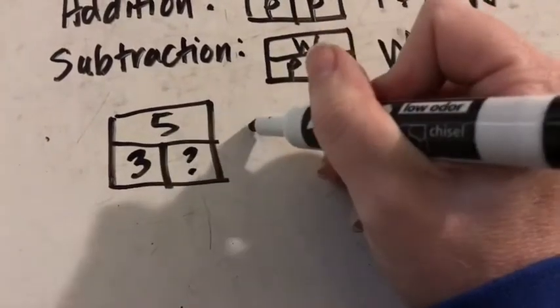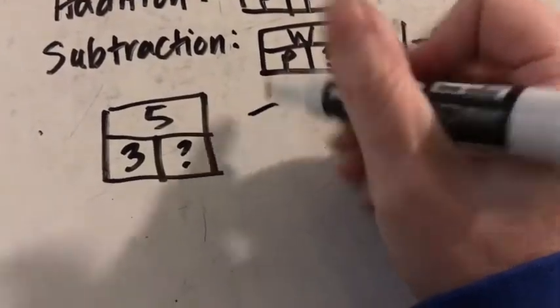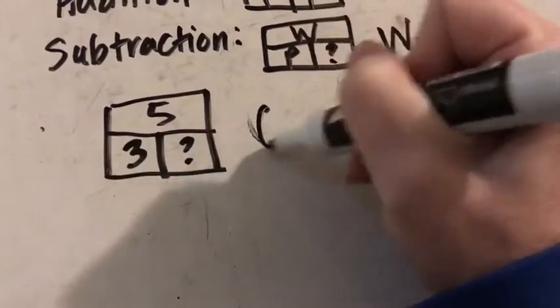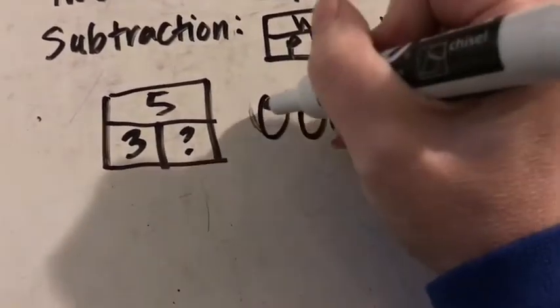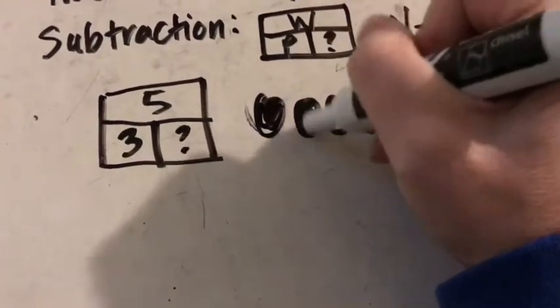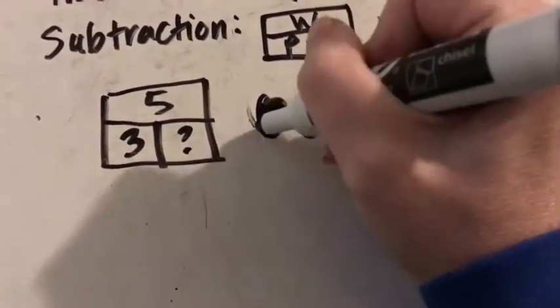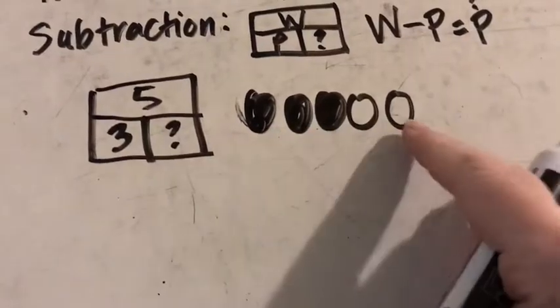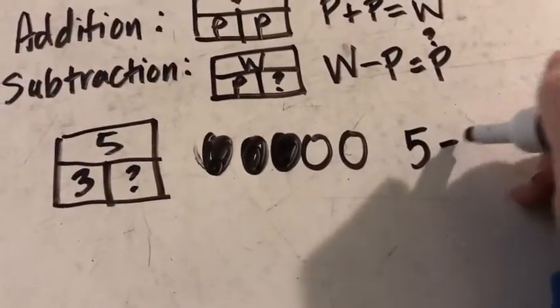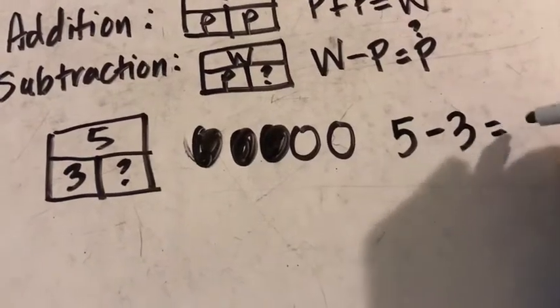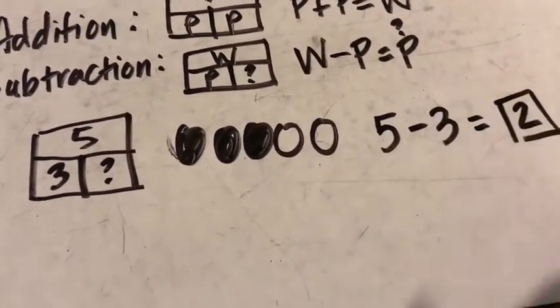For something like this, another way I could model this would be like, say I have a set of 5 things, and 3 of them are black, and I want to know what part is white. So I can think about that as 5 minus the 3 that are colored would leave me 2 white.